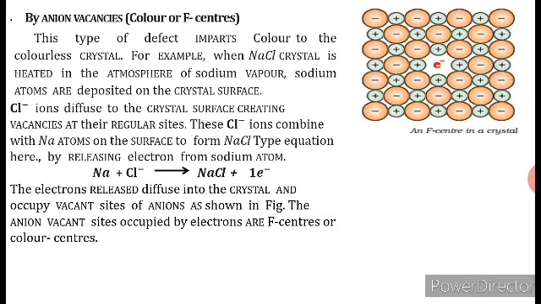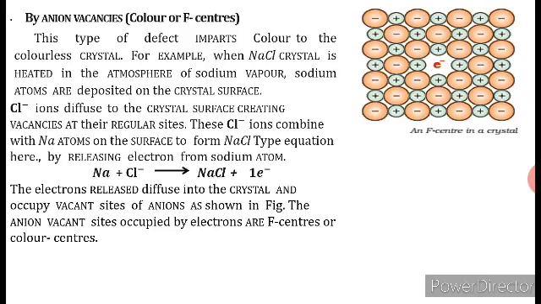So due to presence of free electron, a color is produced in the crystal lattice. That's why it is known as F center or color center. See here, the number of cations is the same, but the number of anions is reduced. So the stoichiometry of the crystal is changed.